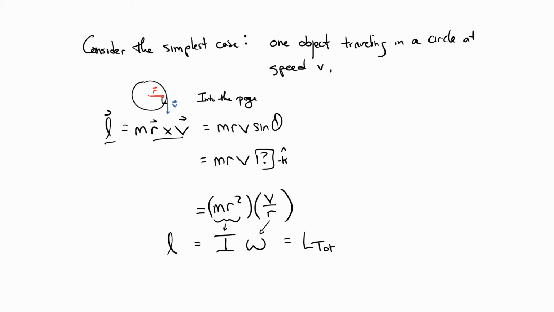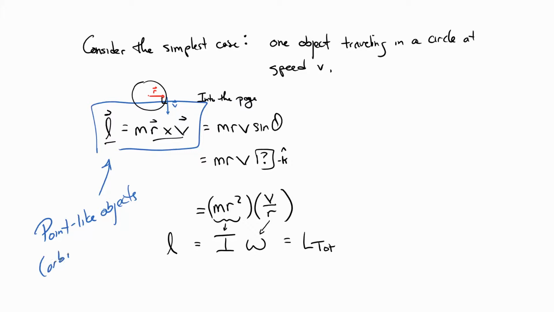The benefit will generally be that we want to use this definition for point objects or point-like objects. So this is going to mostly be orbits or things not really going in a circle.